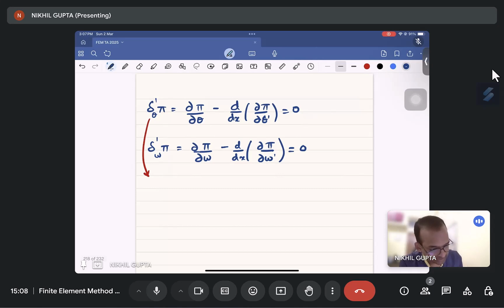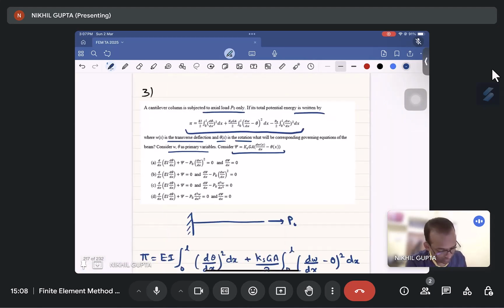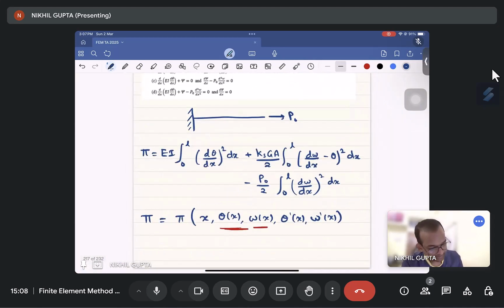When you solve this, what you will get, del theta 1 pi equals to ksga by 2. Now what we are doing, we are differentiating this equation in terms of theta. So theta term is only this, so that will be ksga by 2, and the 2s cancel out, and dw by dx with minus 1.